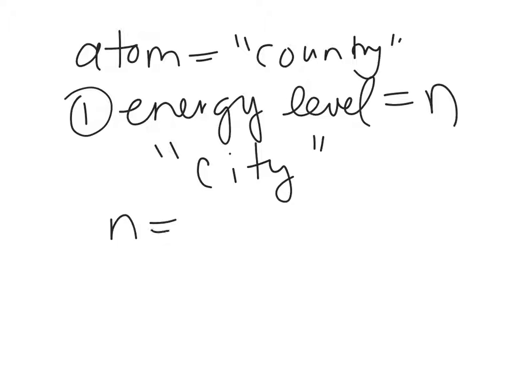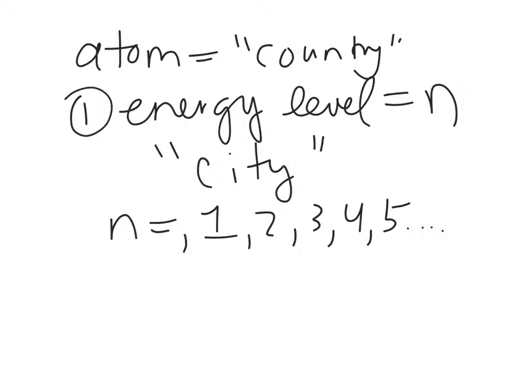And N is an address type identifier, so it goes from 1, 2, 3, 4, 5, etc. So it's not like saying it has an energy of 1. It's just the address, an energy level. So there is a particular energy associated with energy level 1, for example.